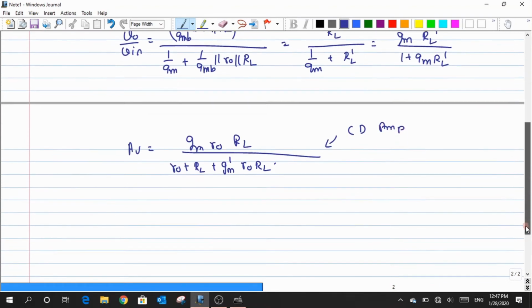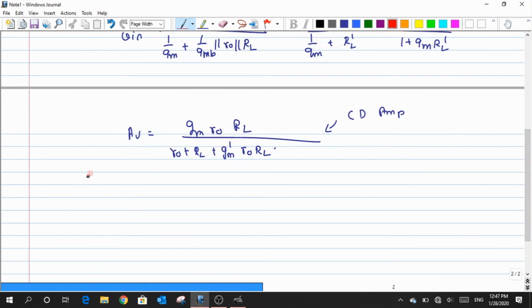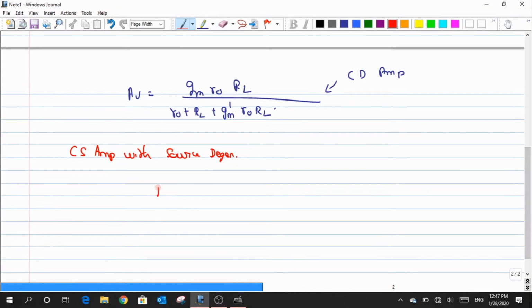Now, what was the gain expression that we got for a CS amplifier with source degeneration? What was its formula? There was a negative sign. Obviously, that is the difference between this formula and the common drain. Apart from this, it was almost similar: Gm R naught, and at the top we had Rd.